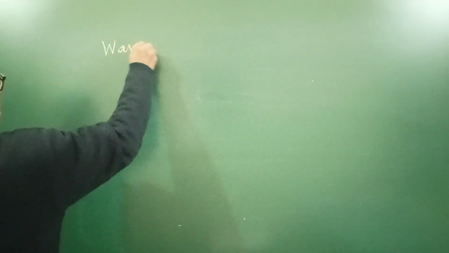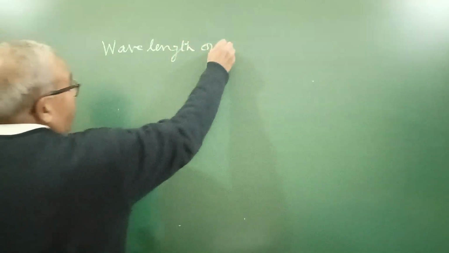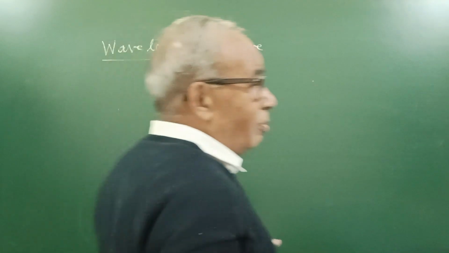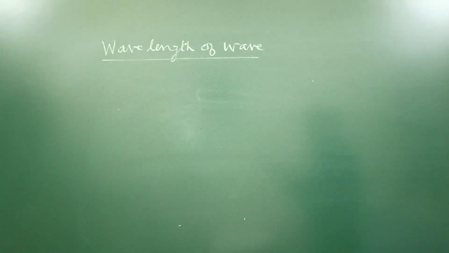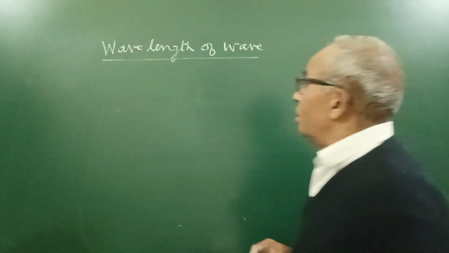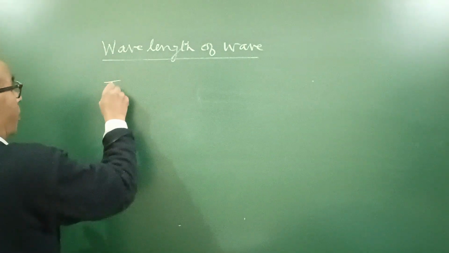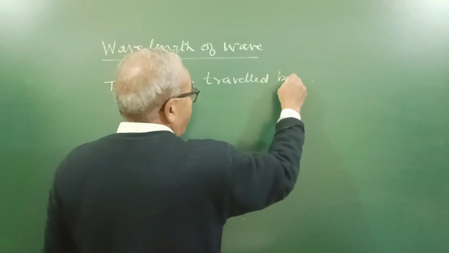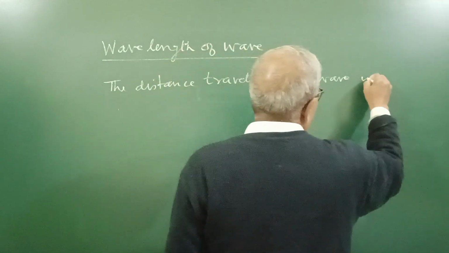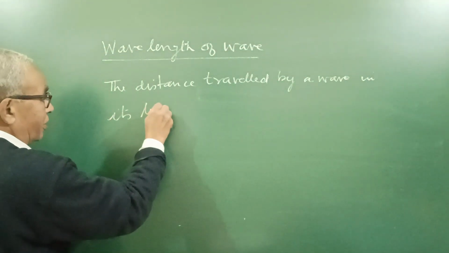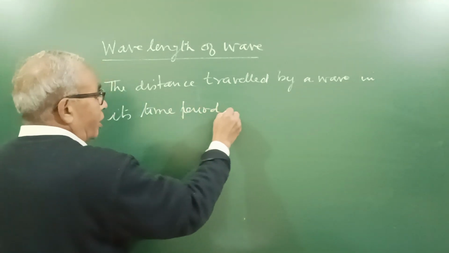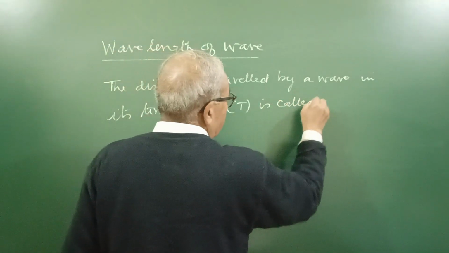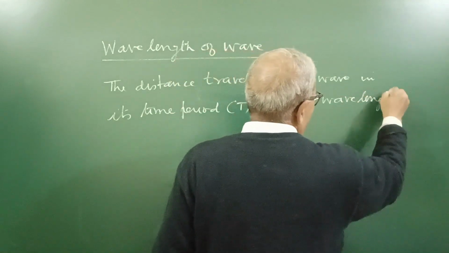Wavelength of wave. What is this? Here students have a very big problem. Wavelength means length of wave. The distance traveled by a wave in its time period T is called wavelength of wave.